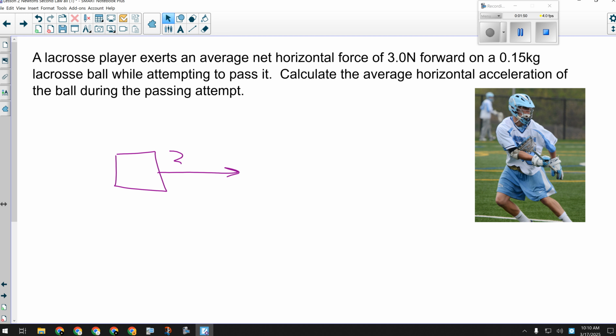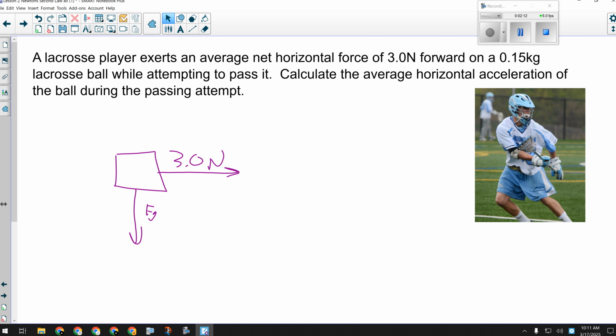Because our tendency is to go, I got to analyze this, there must be a downward force because gravity is always present. Sure, gravity's present, but they told you the net force is horizontal. So that means there's no net force in which direction? Up or down.